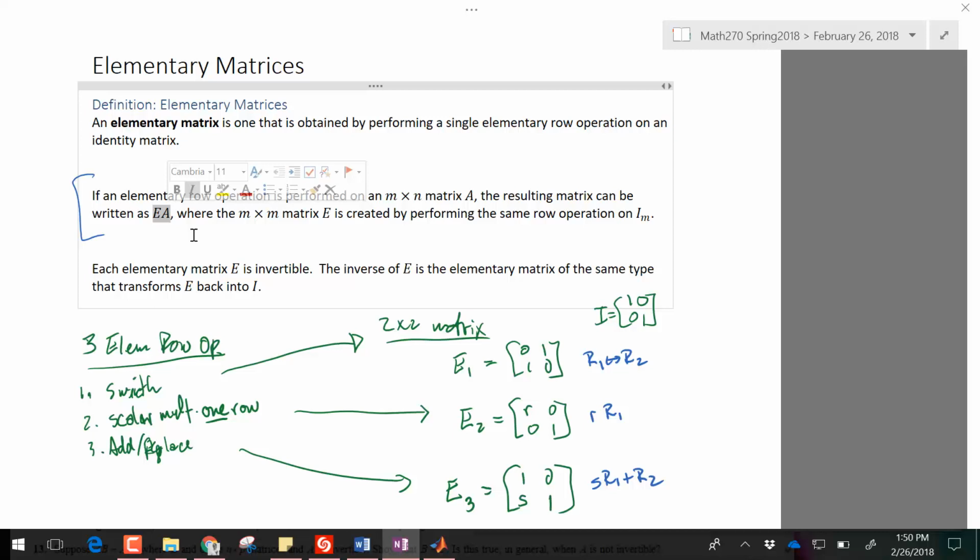Yeah, when you see capital E, first of all, you have to determine what size your matrix is and then what the row operation is, and then you can pinpoint exactly what your E is going to look like. A little bit different. Yeah, so the shear is one elementary row operation, so to speak, but we don't want to think about it that way.